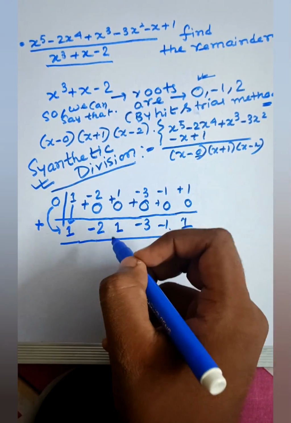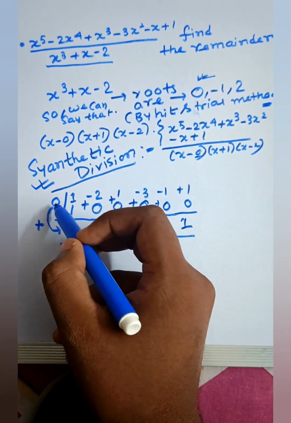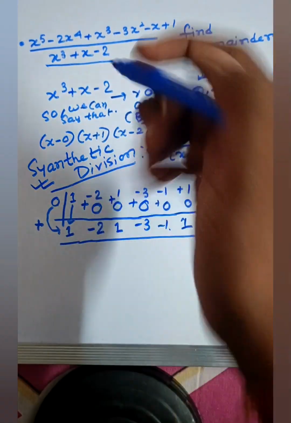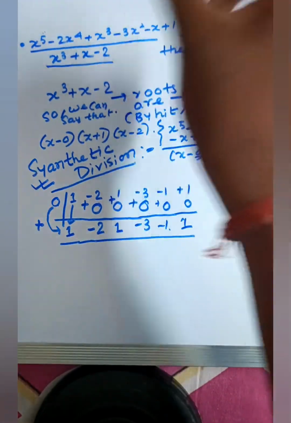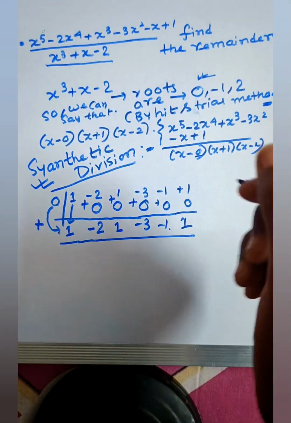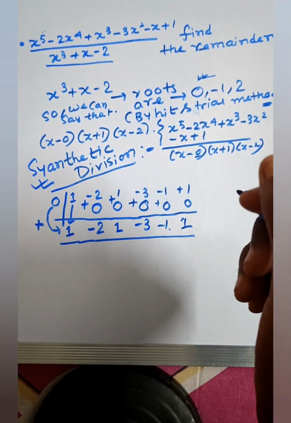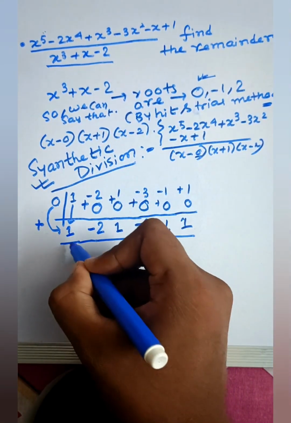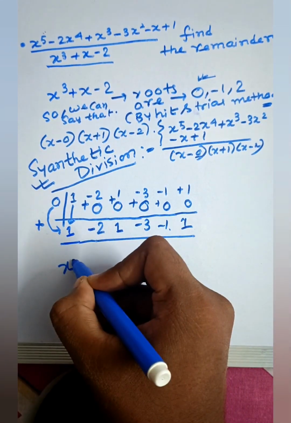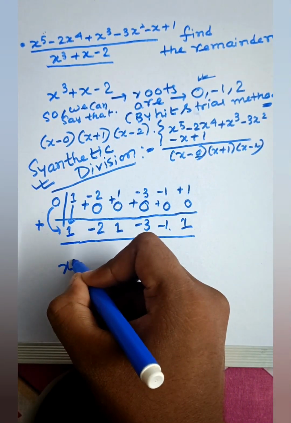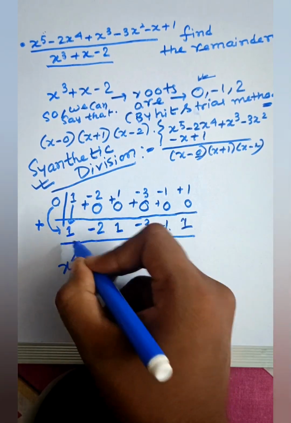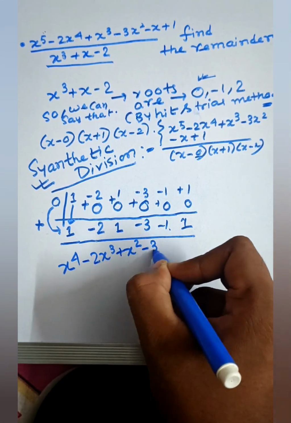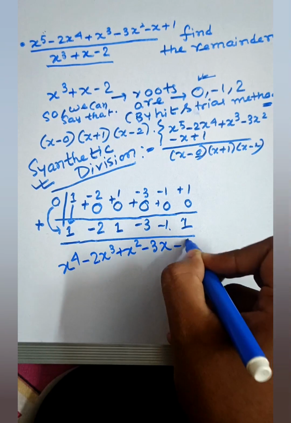And if we divide with respect to 0, the quotient will start with x to the power 4. Why x to the power 4? Because the equation is a fifth order equation, so the result starts one degree less, that is x to the power 4, and we write the coefficients also: x to the power 4 minus 2x cube plus x square minus 3x minus 1.